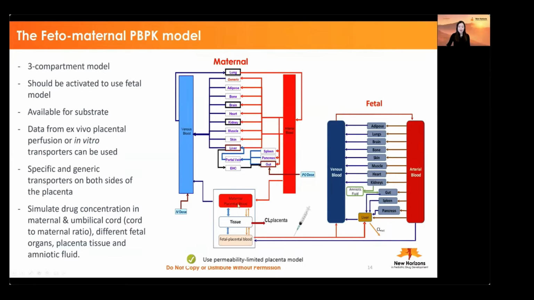And normally this requires, for example, data from ex vivo placenta perfusion experiments or in vitro transport studies if the drug is known to be a transporter substrate. And this kind of model structure will then allow you to simulate not only drug concentration in the maternal compartments, but also umbilical cord, different fetal compartments, and amniotic fluid.